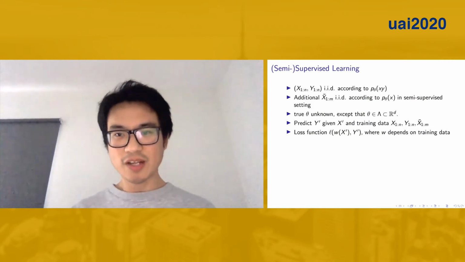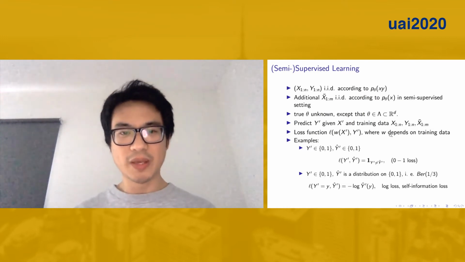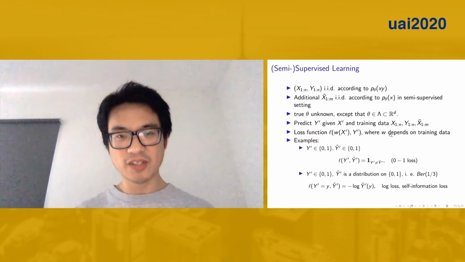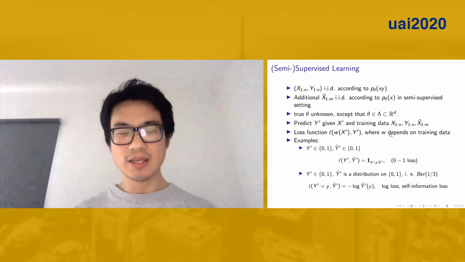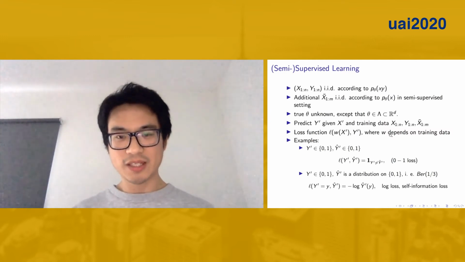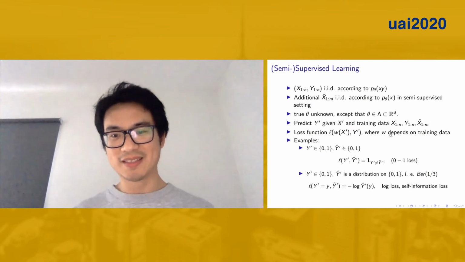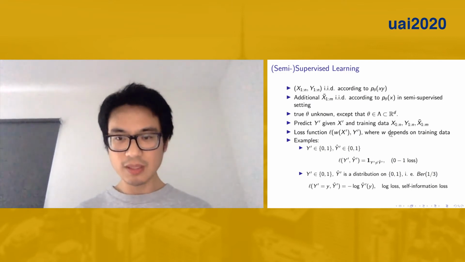We will define a loss function. To give you an example, suppose that the label is from the set 0 and 1. For example, in a classification problem, the predicted label could also be in this set, and we can use a 0-1 loss. But we could also choose a different prediction. For example, we could choose the prediction y hat prime to be a distribution on the set 0 and 1, for example, a Bernoulli 1/3 distribution.